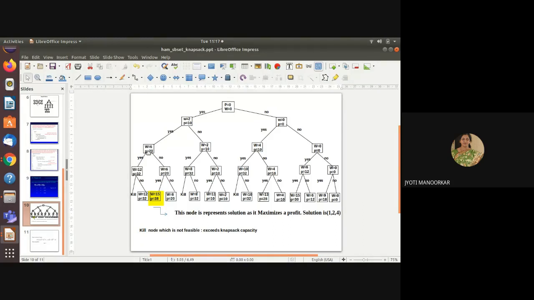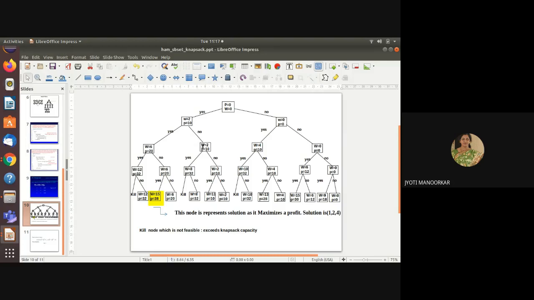Then come to this node. Over here we are dealing with the second level. That means we are considering the first two elements in combination, and we are dealing with the no portion of this internal node. So that means the second element is not included.